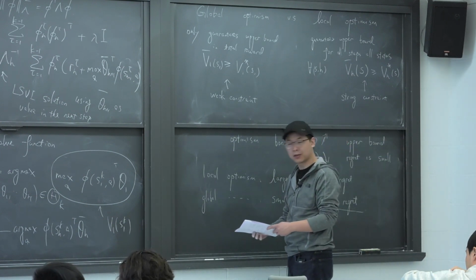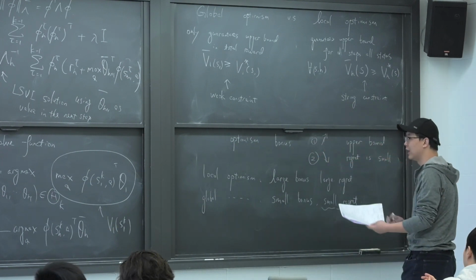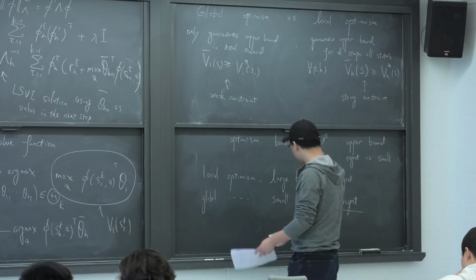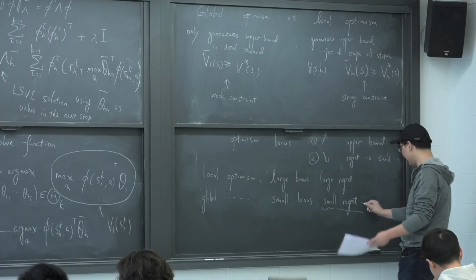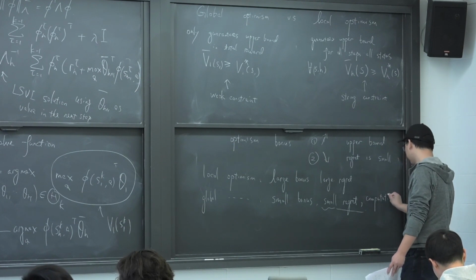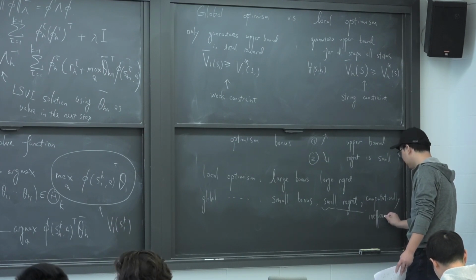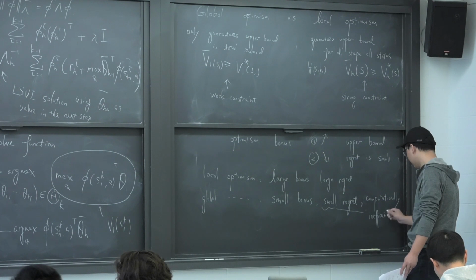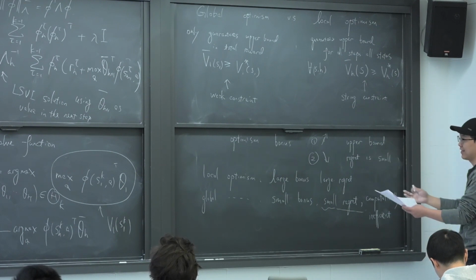And finally, I just want to comment on one thing: this global optimism does not come with a free lunch. The global optimism has one drawback, that is it's computationally inefficient. You can more or less observe from this confidence set, this is like a nested constraint.